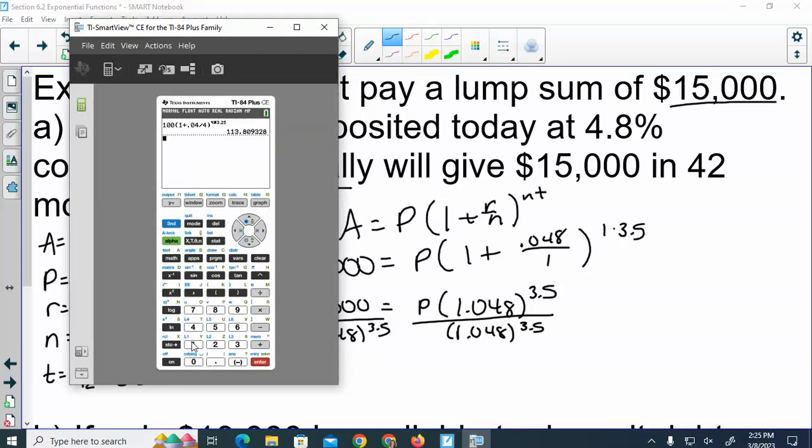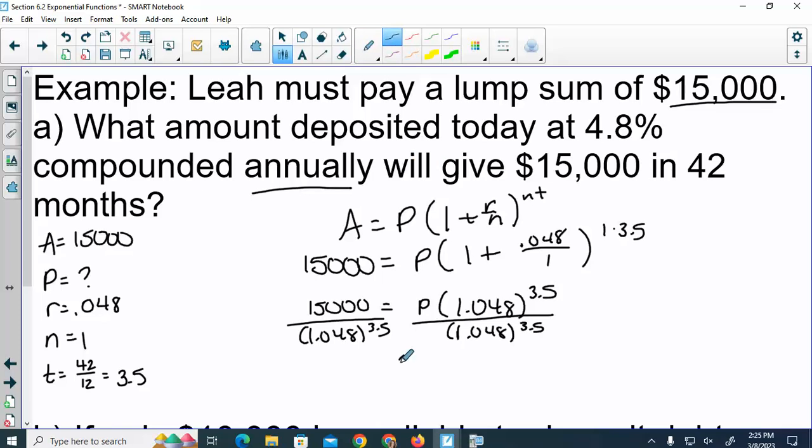We have 15,000 divided by that, and we get $12,729.95.